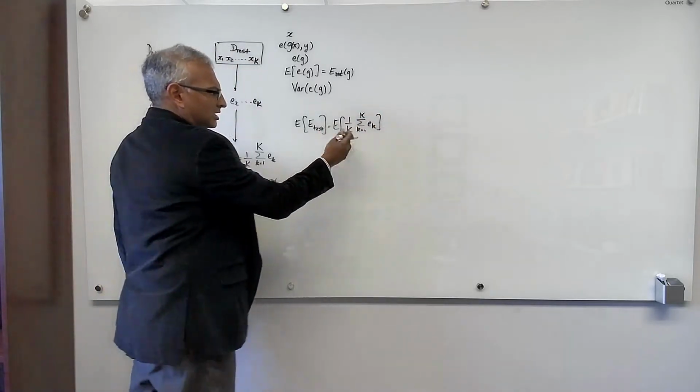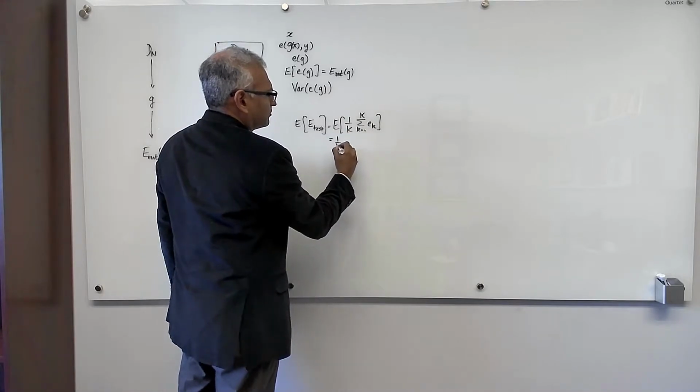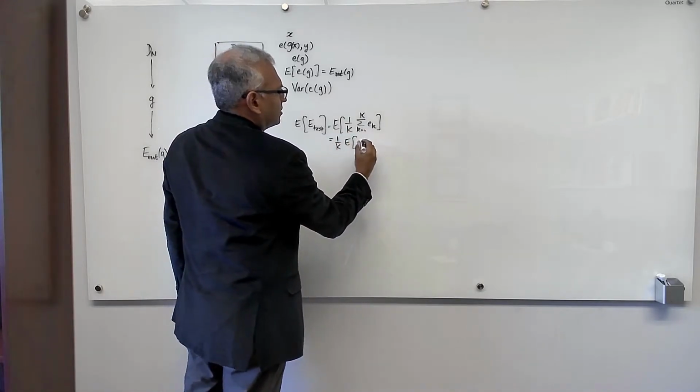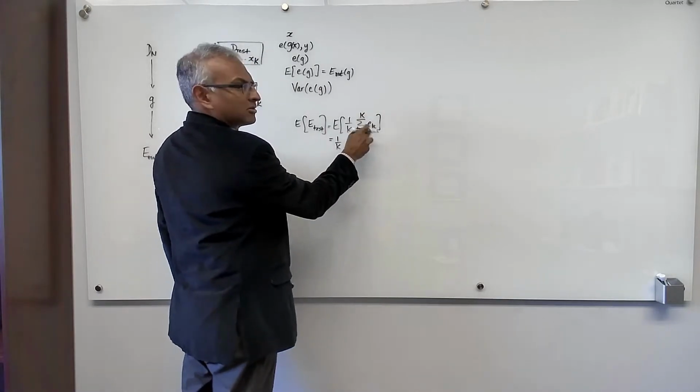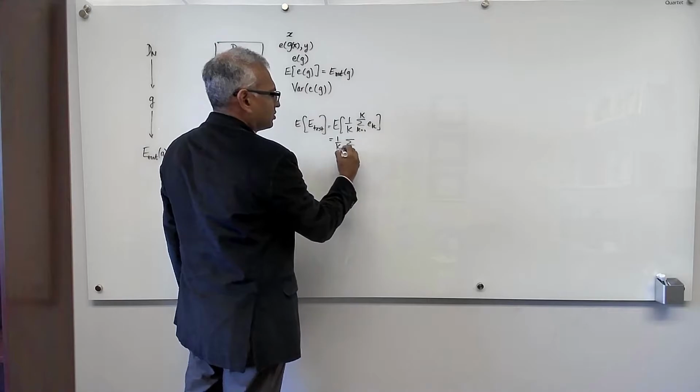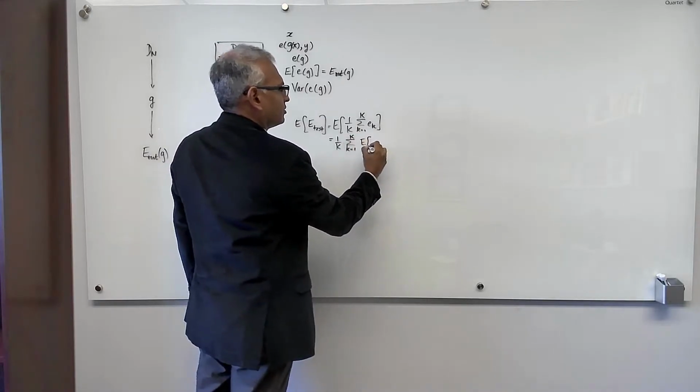Okay, and expected value is linear, so I can pull out the 1 over K and take the expected value into the summation. So it's 1 over K, the sum from little k equals 1 to big K of the expected value of e_k.